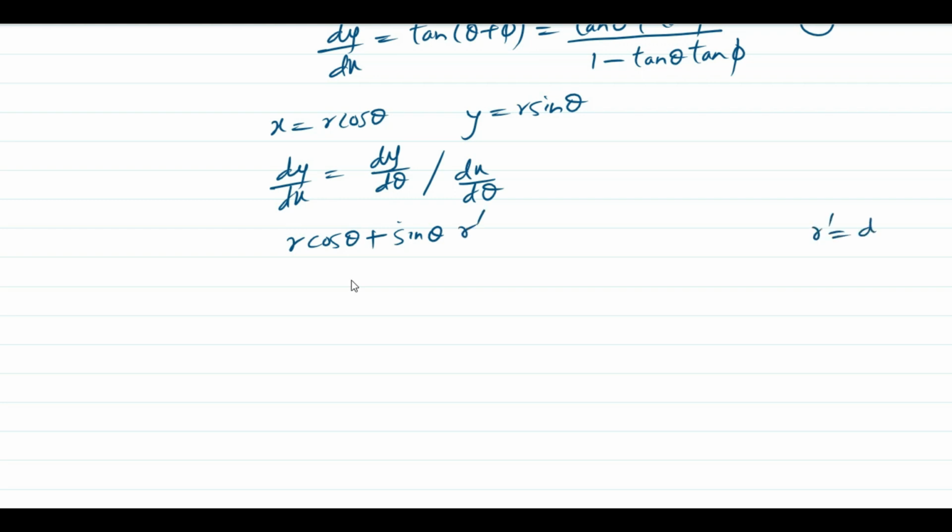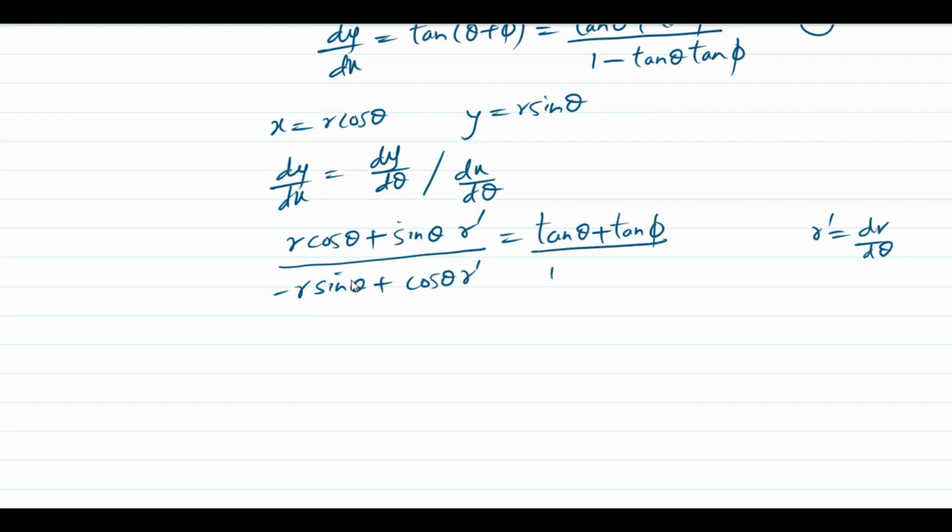So we'll write here r dash is equal to dr by d theta, whole divided by dx by d theta: r as it is, differentiation of cos theta is minus sin theta, plus cos theta as it is, differentiation of r is r dash, is equal to tan theta plus tan phi whole divided by 1 minus tan theta into tan phi. Now we have to correlate the expression in terms of phi.